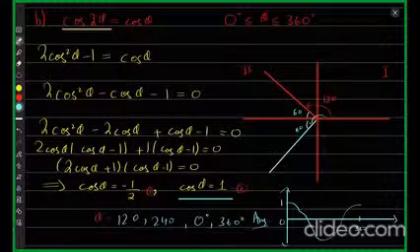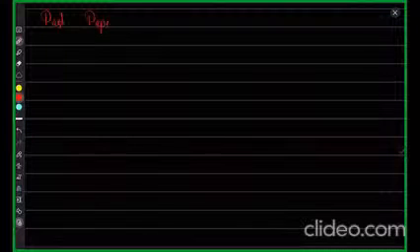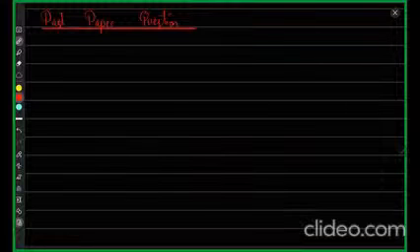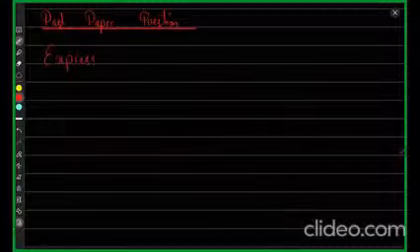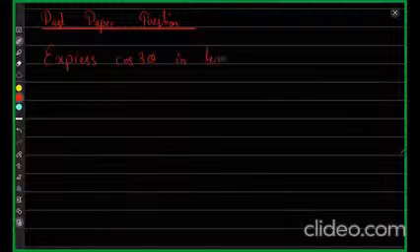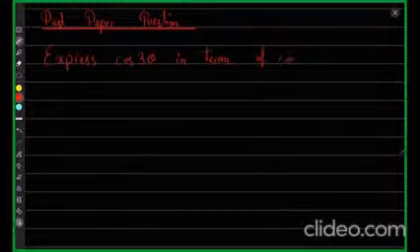This is basically a past paper question. Okay, the question says, express cos 3 theta in terms of cos theta.